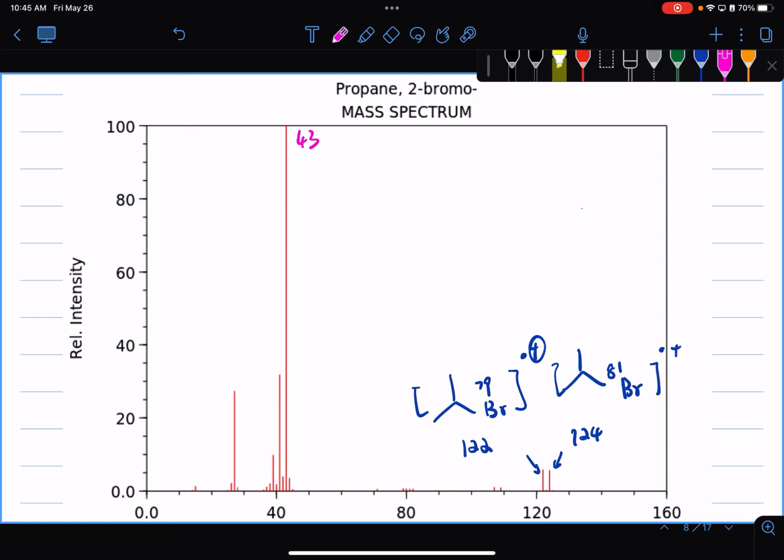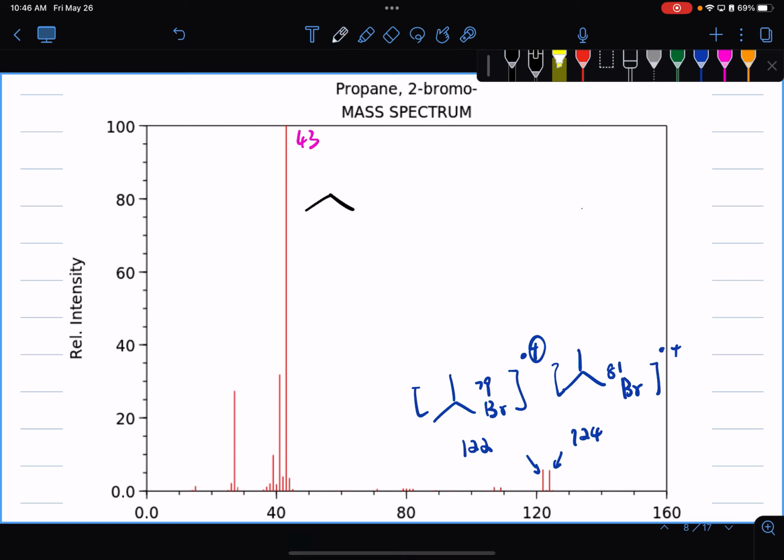So again, the reasoning here is this 43 does not have an isotopic peak like we expected, because if we look at 122 and 124, they're about a 1-to-1 ratio. Now we look at the 43 peak, it doesn't have any isotope associated with it.